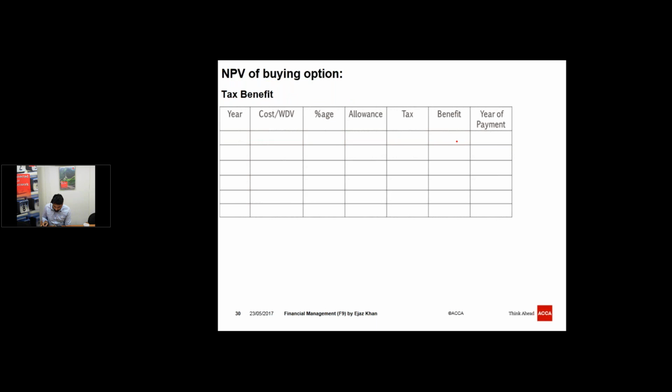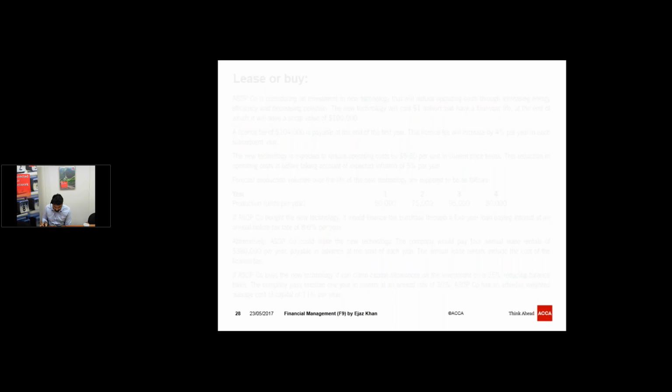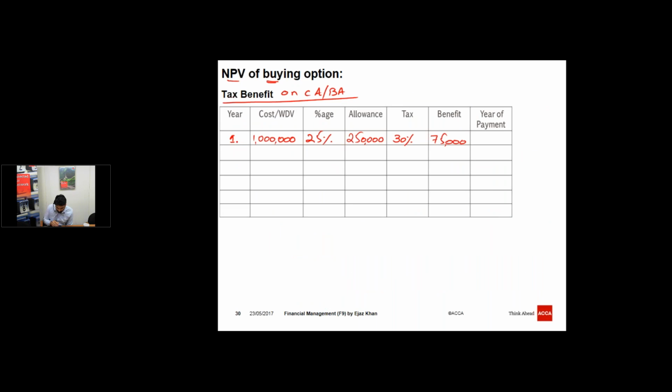Now let's go back to the question. If you see, the tax rate was 30% and it was paid in arrears, 1 year in arrears. So look at this. This capital allowance belongs to year one.